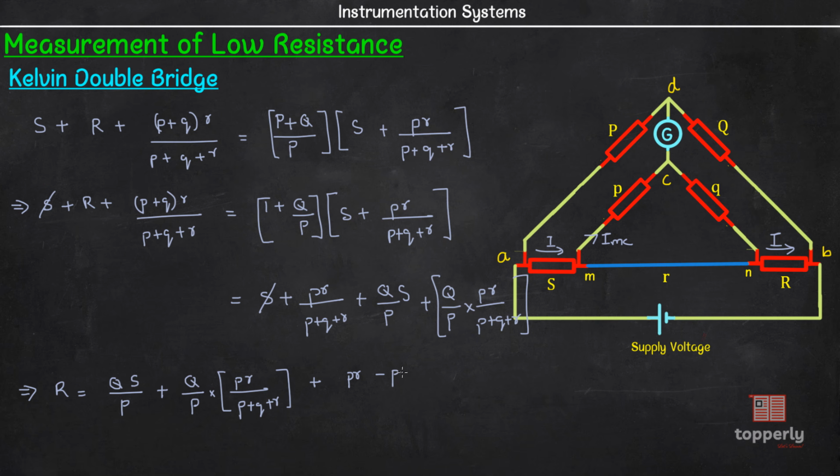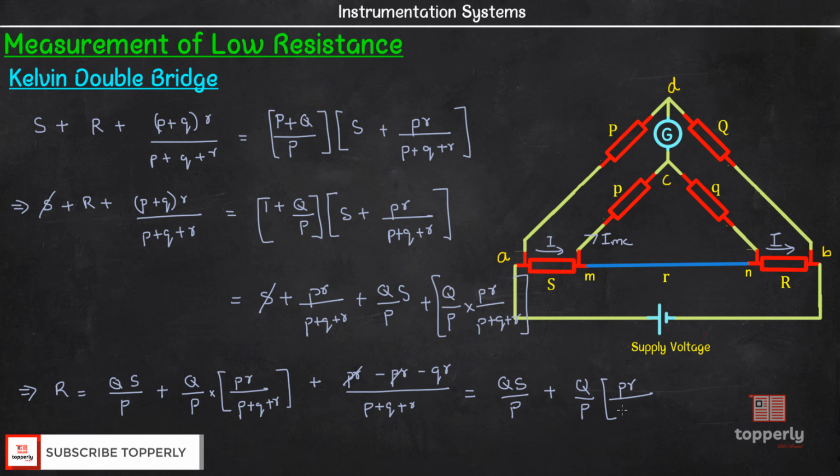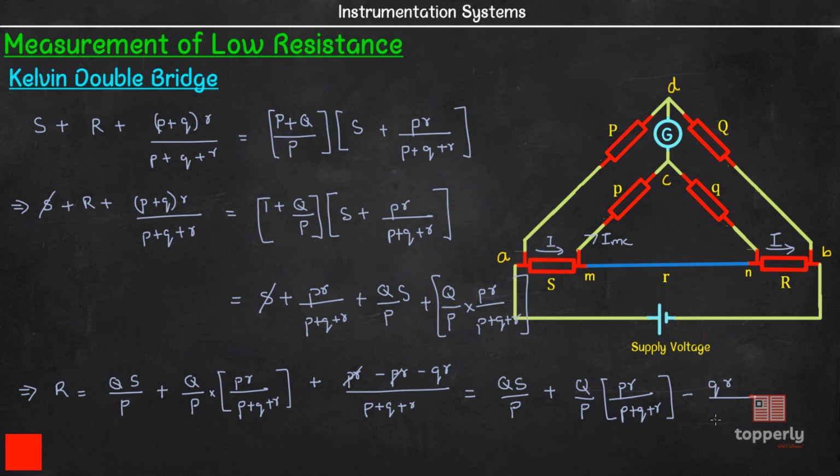minus small p into small r minus small q into small r by small p plus small q plus small r. And these two cancel out, and this leaves us with Q into S by capital P plus capital Q by capital P into small p into small r by small p plus small q plus small r minus small q into small r by small p plus small q plus small r.